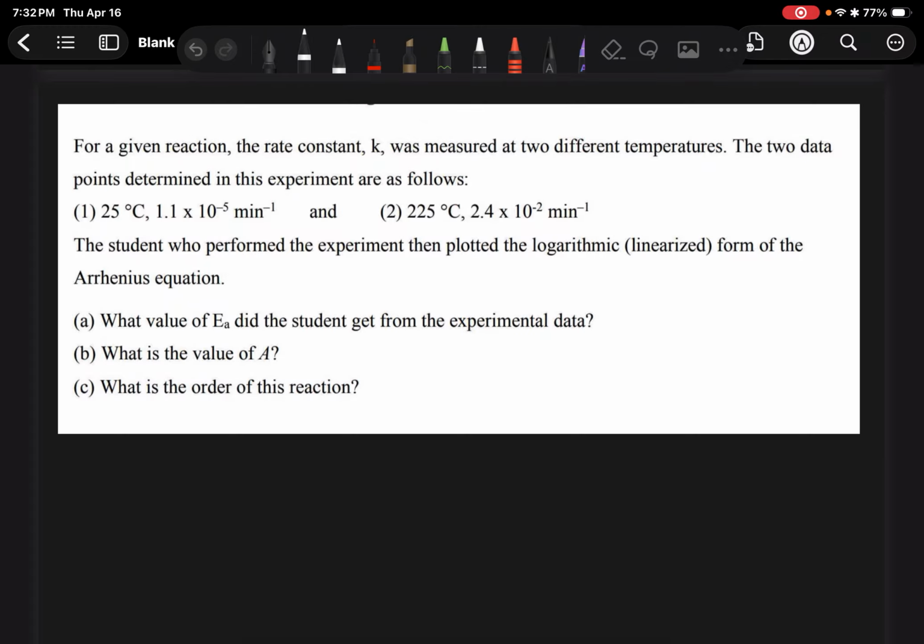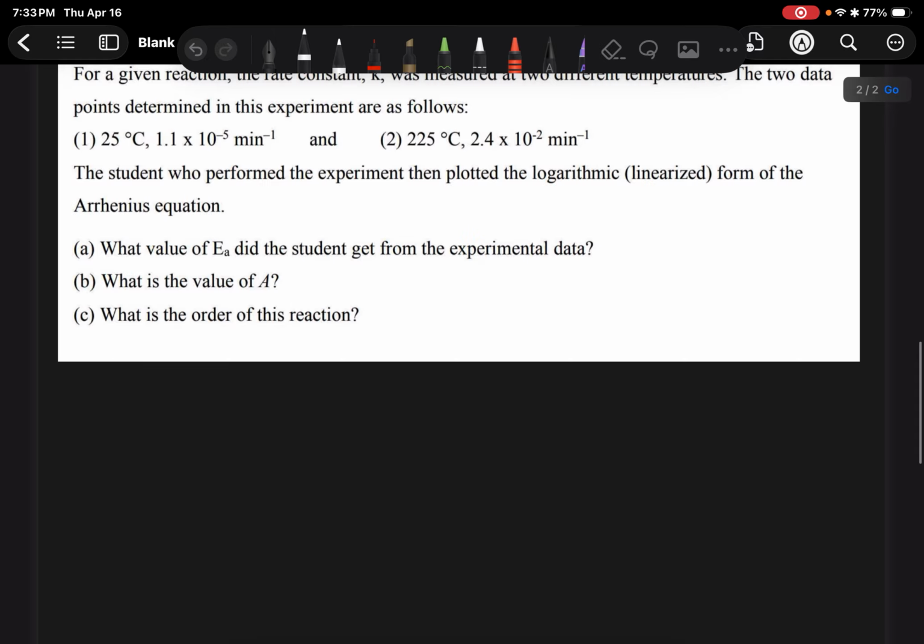I don't know. It's a good question. I don't know how to do this. Why don't we just use this equation?